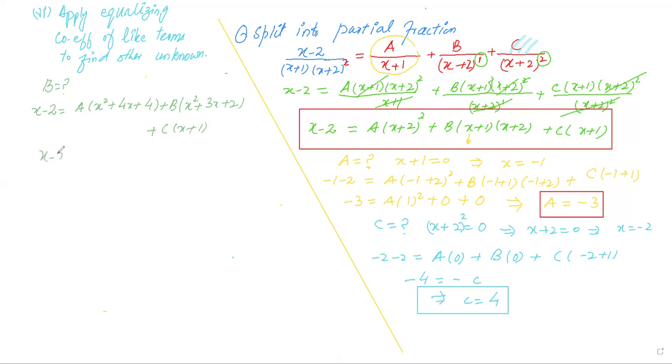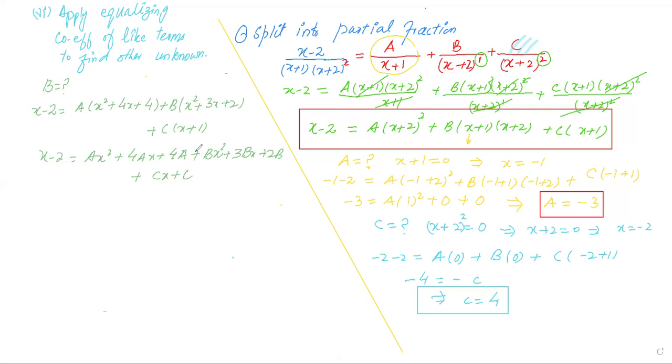So x minus 2 becomes Ax square plus 4Ax plus 4A plus Bx square plus 3Bx plus 2B, and the last one is plus Cx plus C.